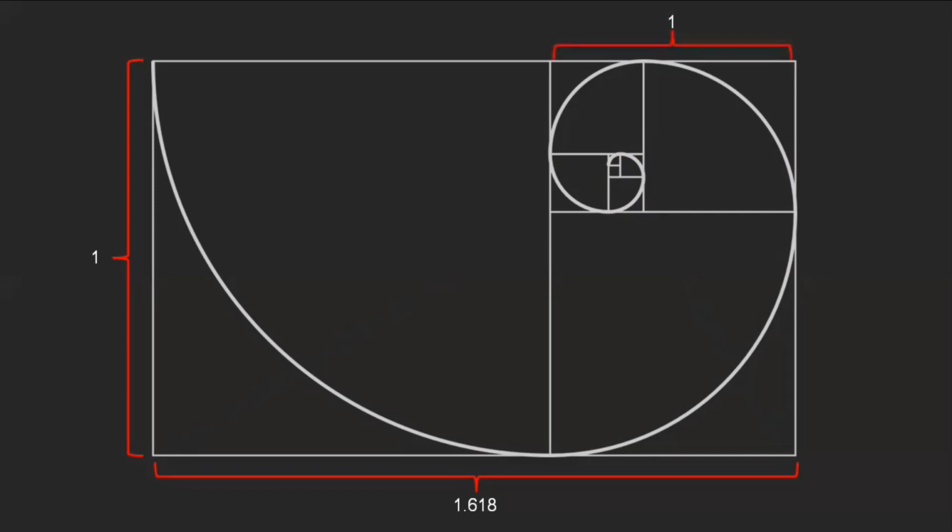So on the top, where we have the line that creates the square break, you have a proportion of 1 to 1.618. As well as on the side, you have this proportion of 1 to 1.618. The proportion carries through each subsequent smaller break.